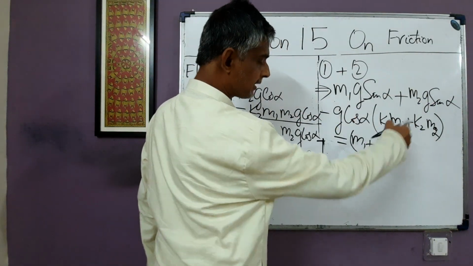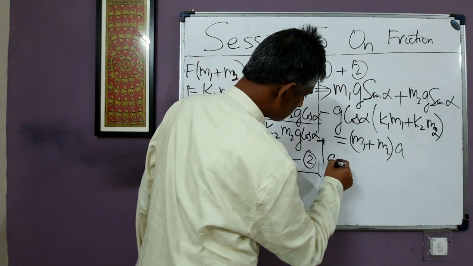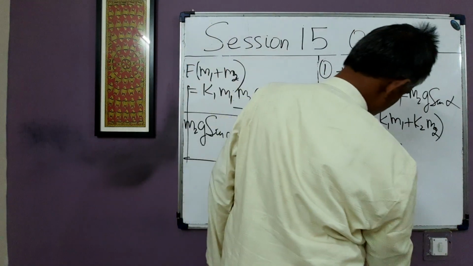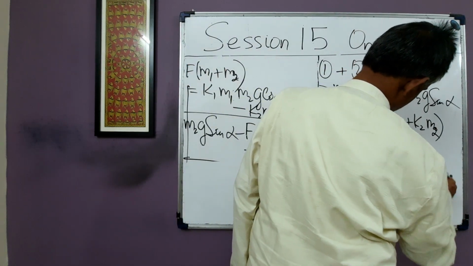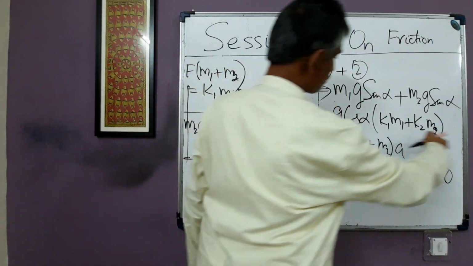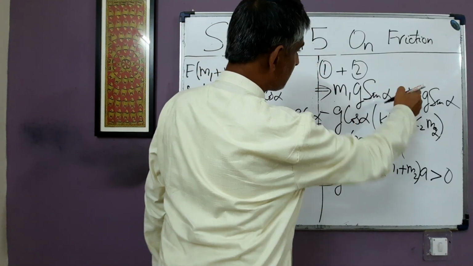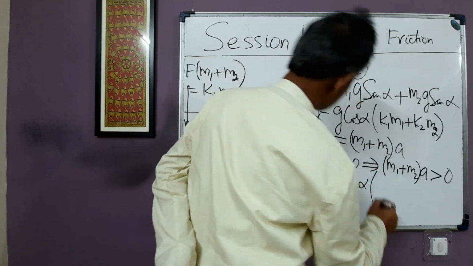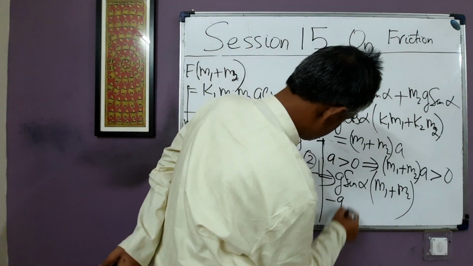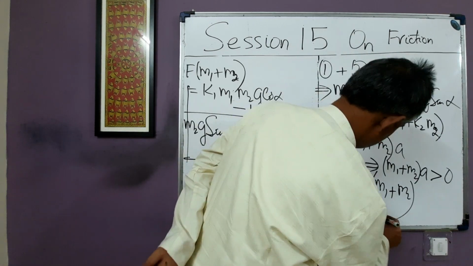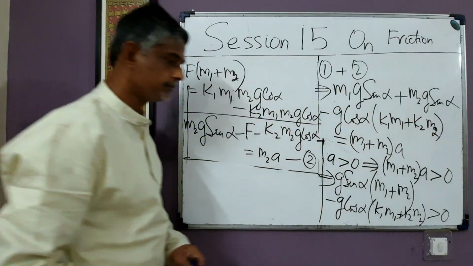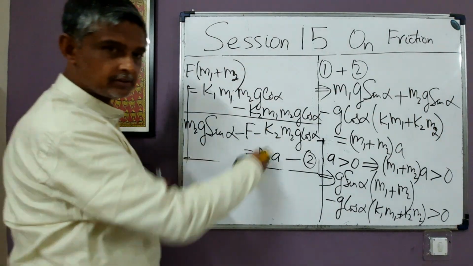Now it is given that the blocks are moving down the incline in mutual contact, so a is definitely more than 0. Since mass is a positive quantity, m1 plus m2 into a is also more than 0. So this quantity should be more than 0. g is common: g sin alpha into (m1 plus m2) minus g cos alpha into (k1 m1 plus k2 m2) is more than 0.